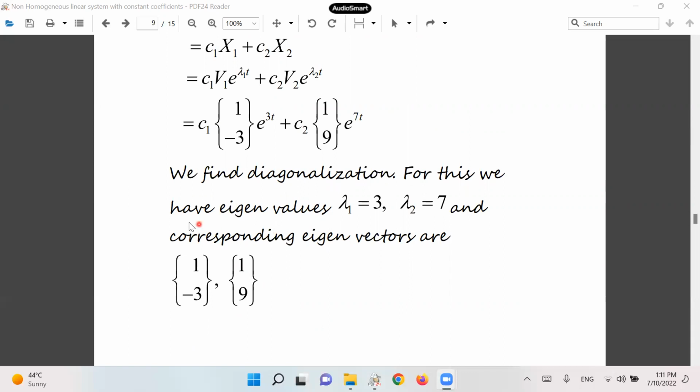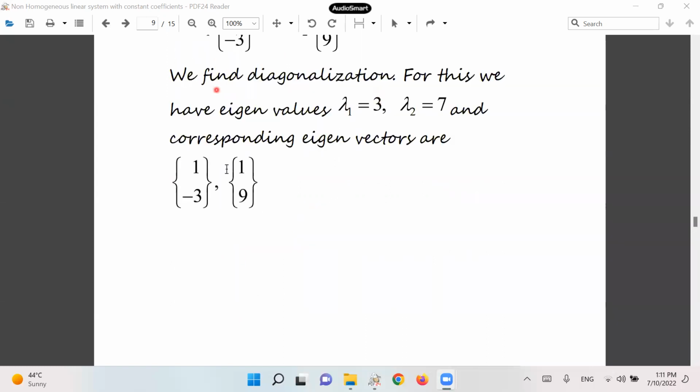For this, we have two eigenvalues. Now we have to consider the eigenvalues as well as the eigenvectors. So the first eigenvalue is 3, and the second eigenvalue is 7. And the corresponding eigenvectors are 1, minus 3, and 1, 9. So we have to make use of these two eigenvalues as well as eigenvectors, and we diagonalize them.